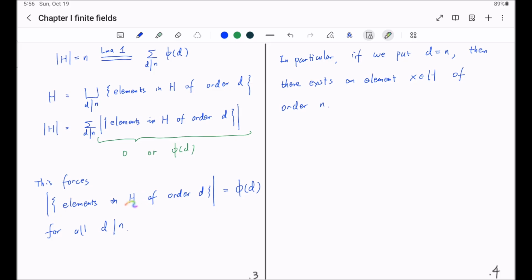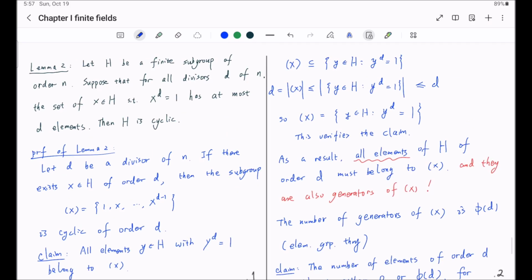But H has cardinality precisely equal to n, and this element is of order n. What does that mean? That means H must be generated by this element. And this proves that H is cyclic of order n, which is what we want from this lemma.